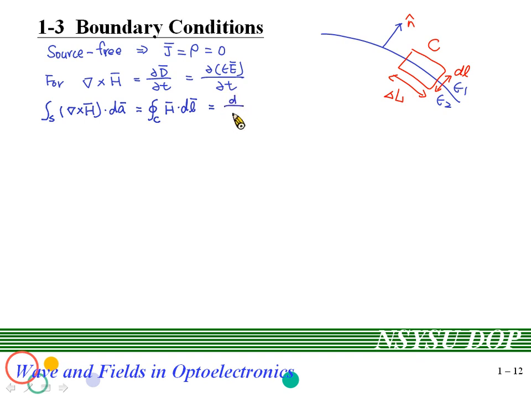We can put d over dt outside, and inside the integral will be epsilon E dot dA.